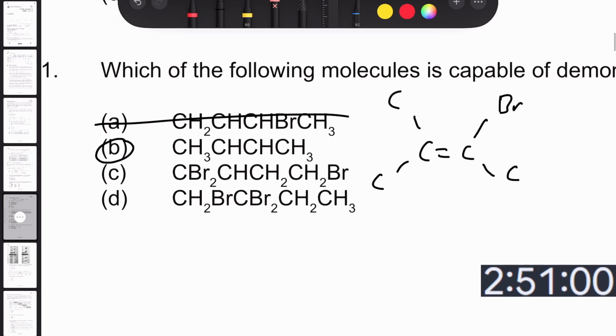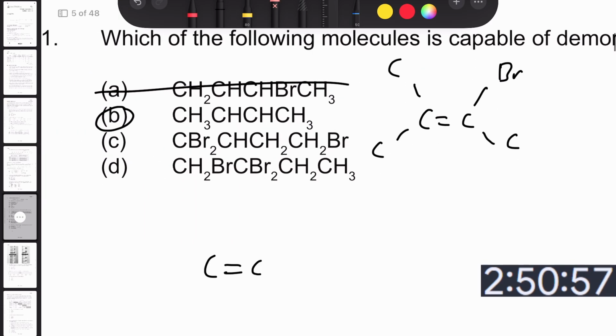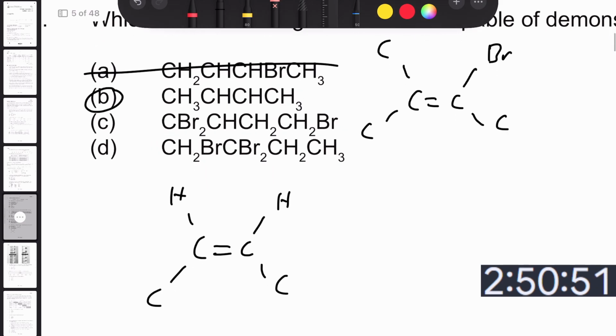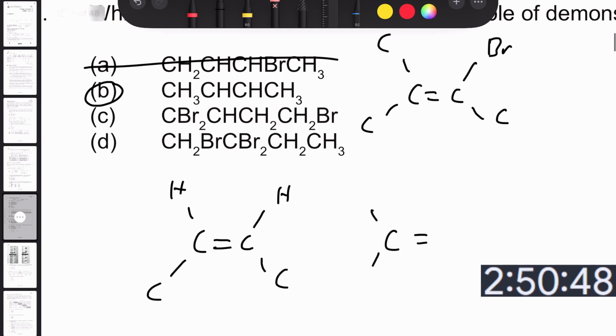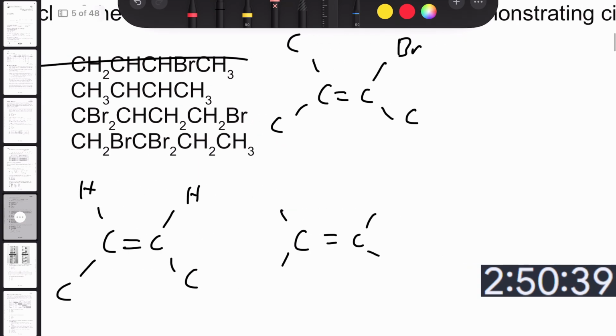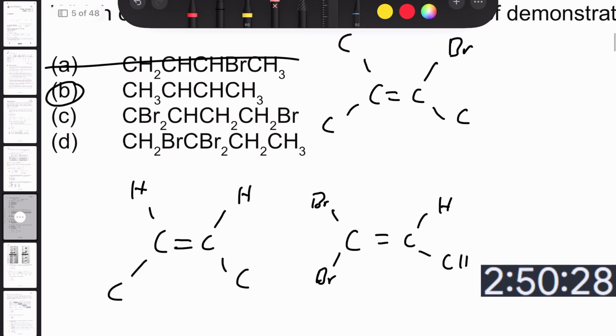I think it's going to be B because we see it's going to have a H, and then a C and a C. All the rest, Br, H, Br2, so Br, yeah, it's not that one.